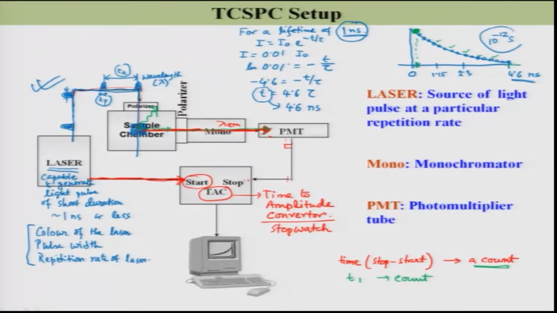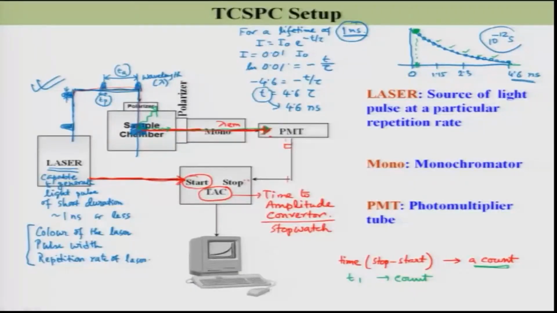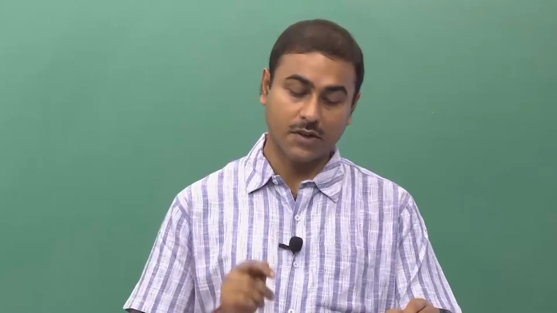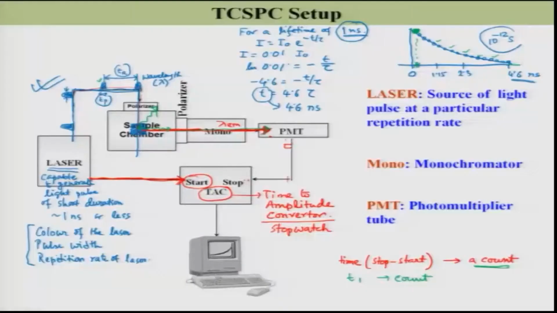But for this setup, we are not going to use all these emitted photons. Once I detect one photon, which makes the stopwatch stop, we finish the experiment and wait for the second excitation pulse to come and excite the sample.